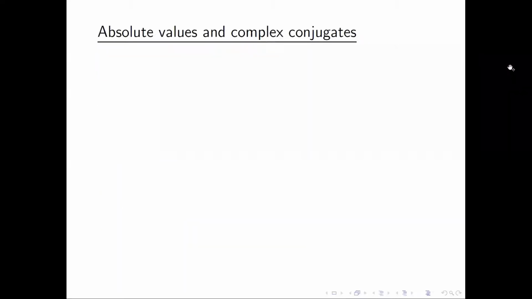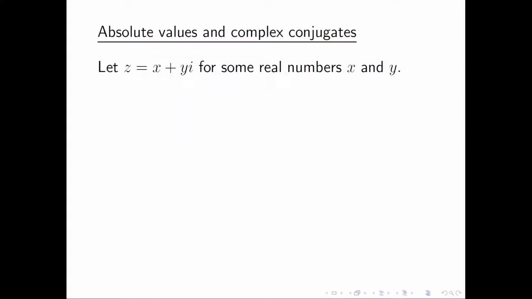Let's review two concepts: absolute values and complex conjugates. Let z equals x plus yi for some real numbers x and y. X is the real part and yi is the imaginary part of the complex number z.